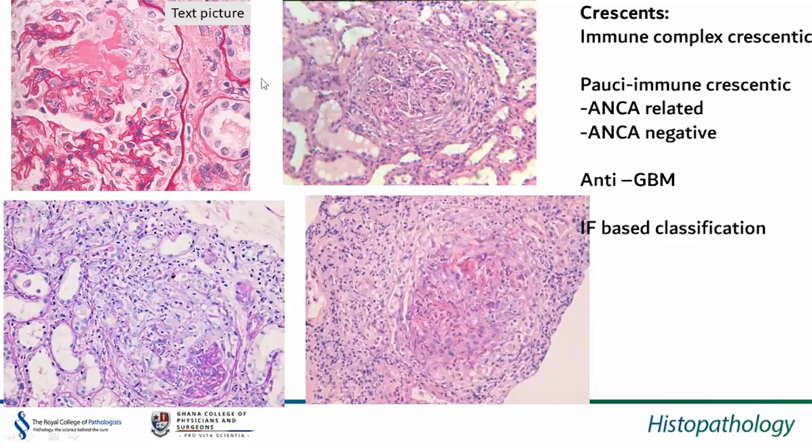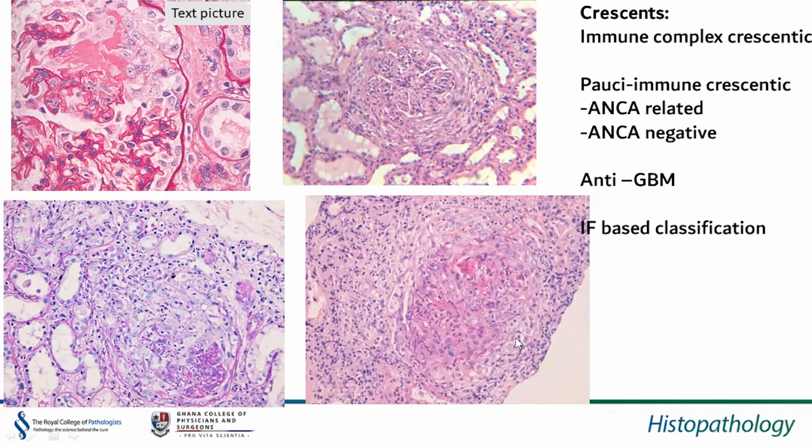Suffice it at this point to recognize how the crescents look, and that immunofluorescence is required in the classification of crescentic glomerulonephritis. The severely destructive crescents with severe destruction of the glomerular capillary walls, as I emphasized earlier, are a feature of anti-GBM nephritis.